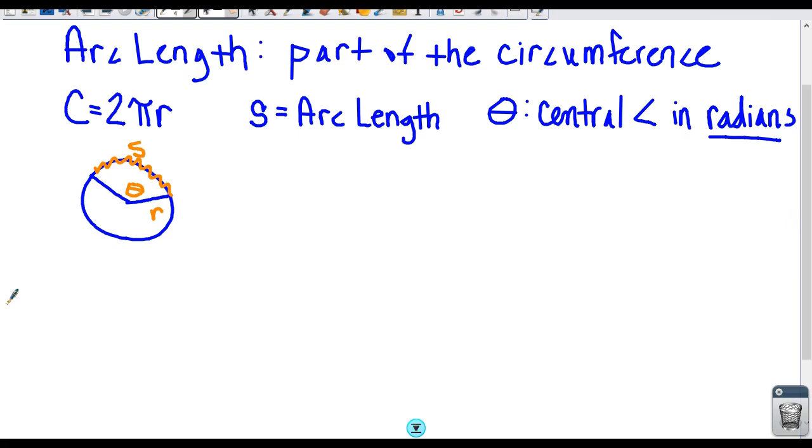But if it's not a unit circle, then I can still find the length of that. So if I look at this as a proportional relationship, I know that the arc length, which is S, is part of the entire circumference, which y'all already told me is 2 pi r. Y'all agree with that? So it's part out of the whole, just like you make a proportion. So in order to get a proportion, and know that that's an S, not a 5, because I can't really make it very smooth, I have to set it equal.